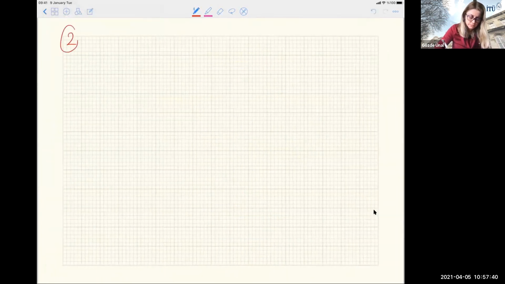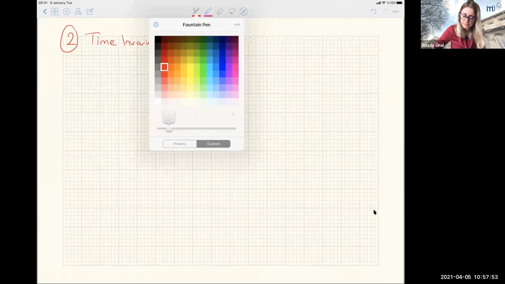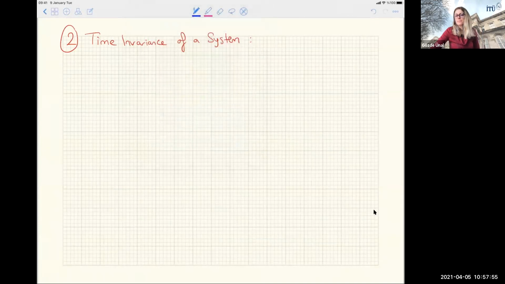2, time invariance of a system, because then we'll check them back to back, okay? This is really like saying the system behavior should not change with time.